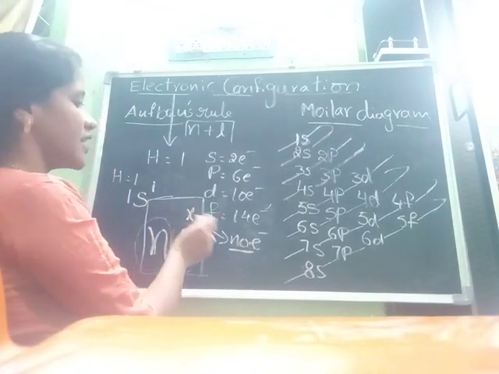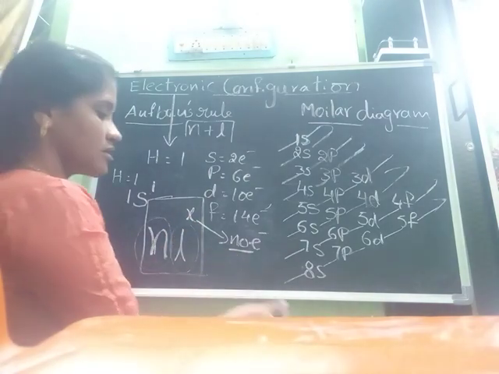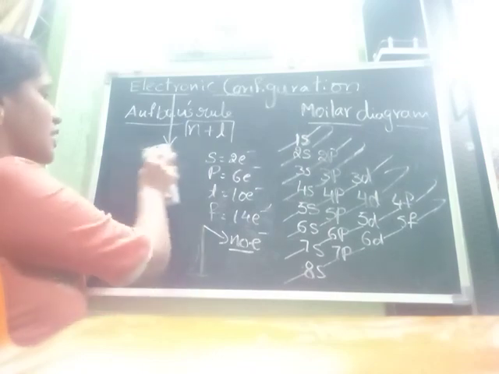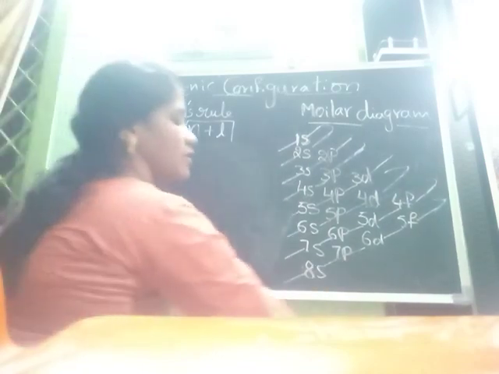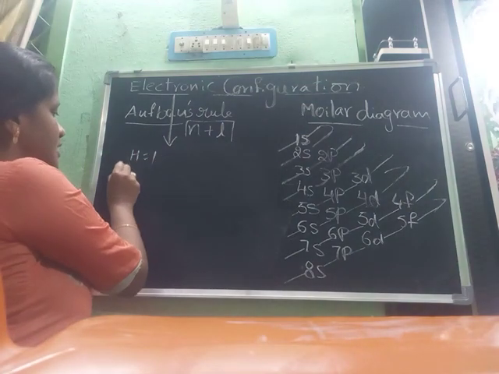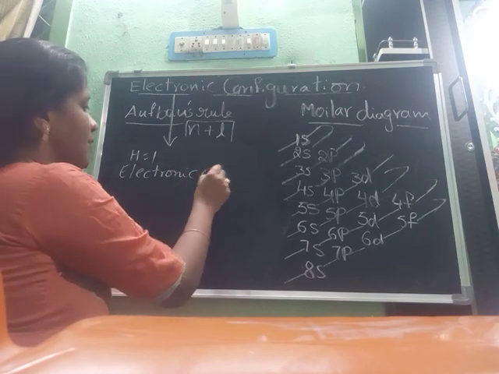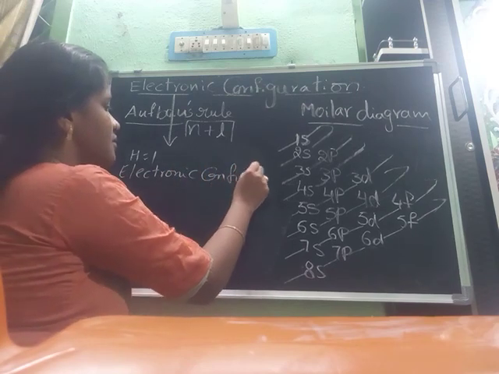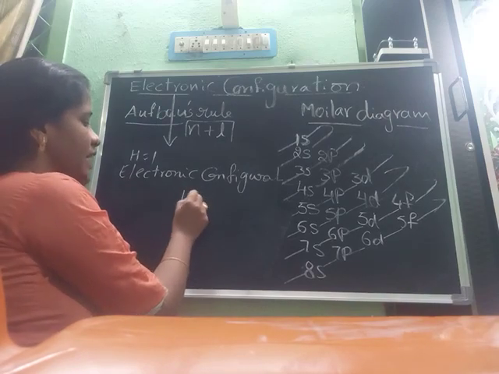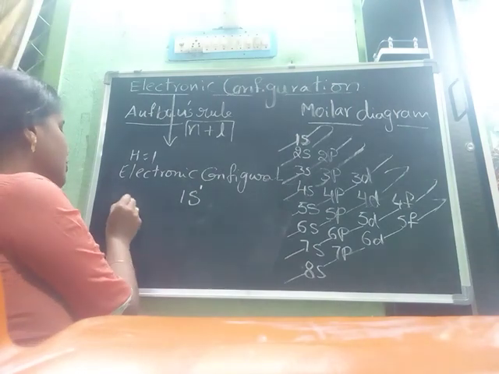Hydrogen atomic number 1, so its electronic configuration is 1s. How many electrons are there? 1 only. So 1s1.